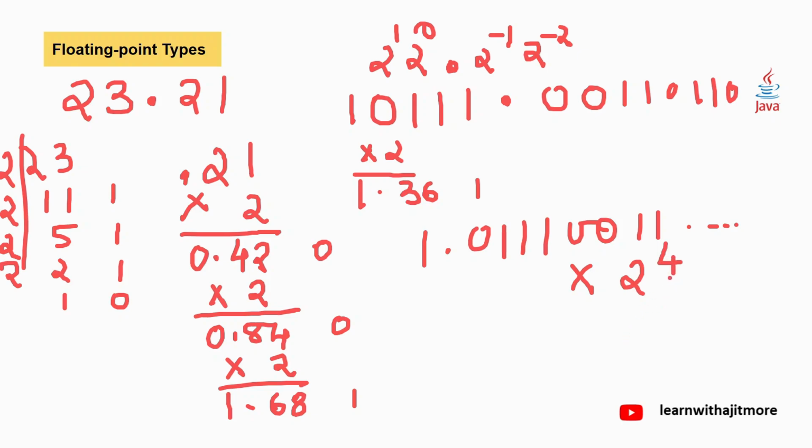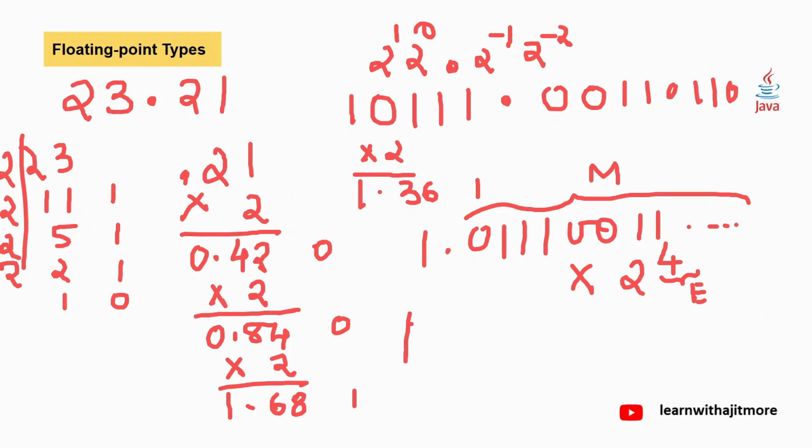Now in this, 4 is your exponent. And all these bits which are there after this 1 are called the mantissa. Now you have to store this mantissa and exponent in the memory. Now, how is it stored according to IEEE notation?